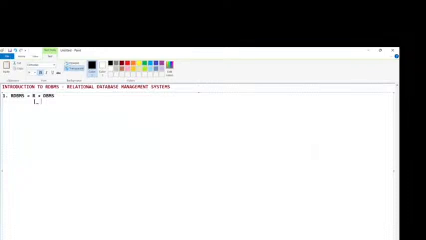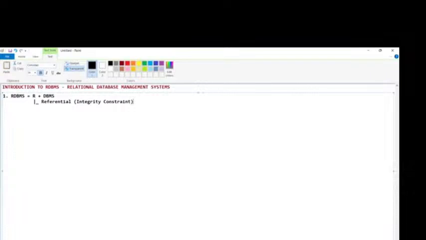R stands for referential. It is a technical word. What is referential? It is one of the integrity constraints. In the coming classes we are going to learn about constraints.